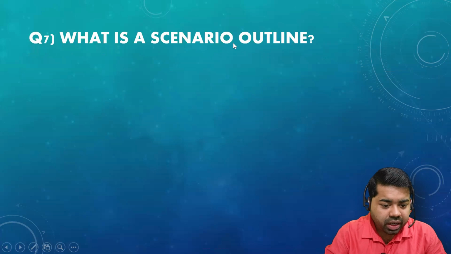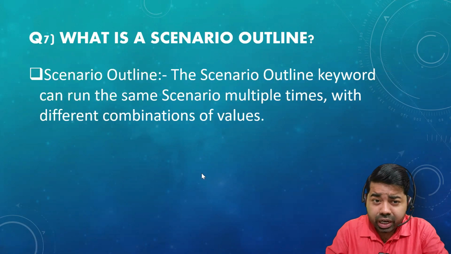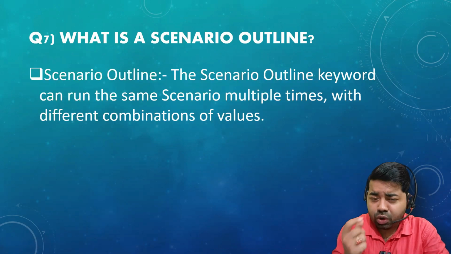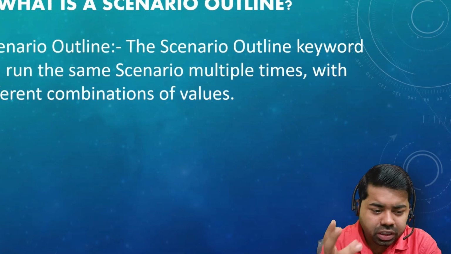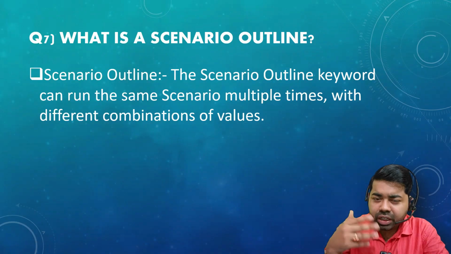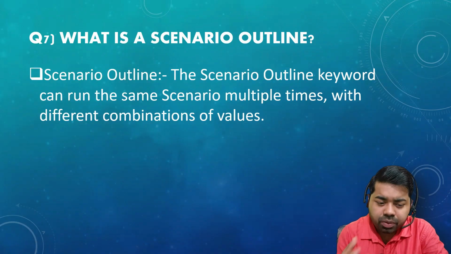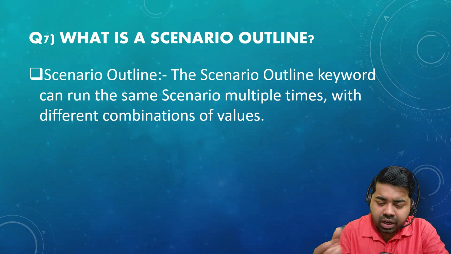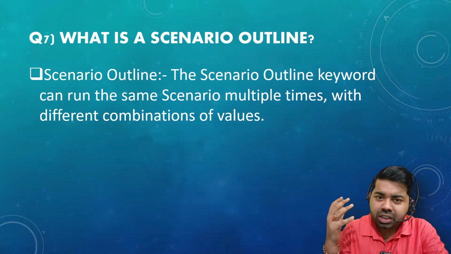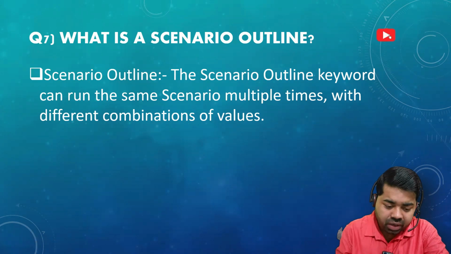Next question, again related to the BDD framework: what is a scenario outline? We have Scenario and Scenario Outline. Suppose you are going to use one set of data in one test case, then we go for Scenario. But if you want to execute multiple sets of data, then we should go for Scenario Outline. Suppose you are validating the login feature and passing a valid username and invalid password.